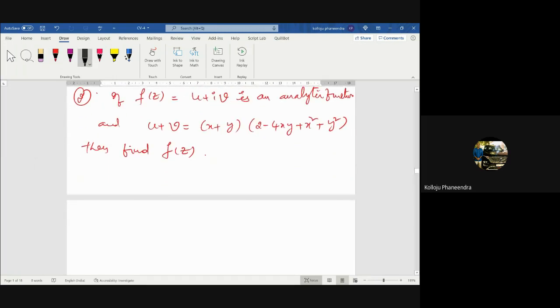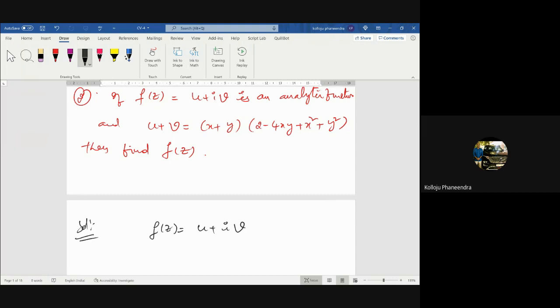Now solution. f of z equal to what? u plus iv.